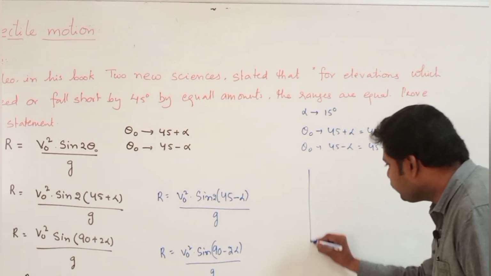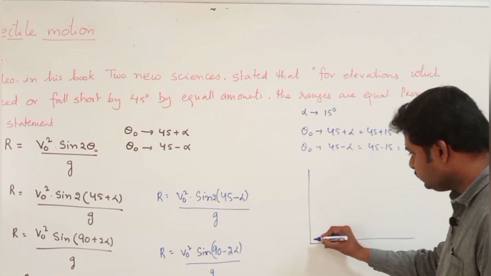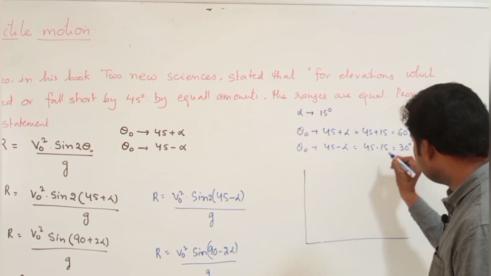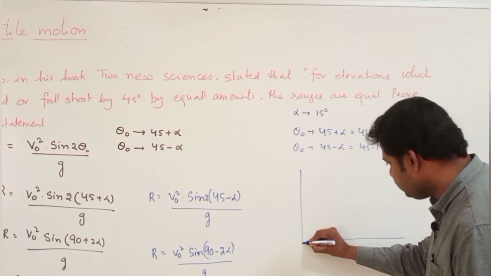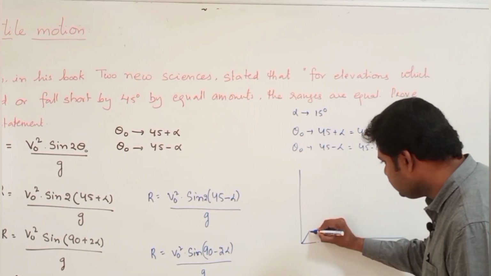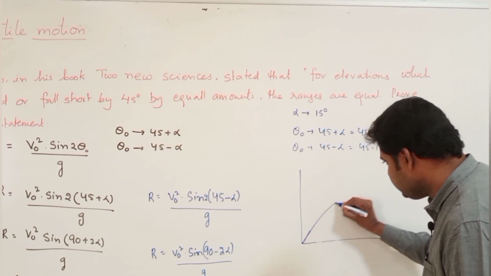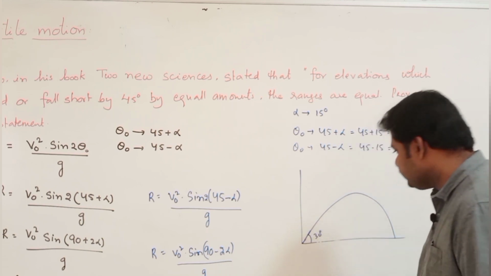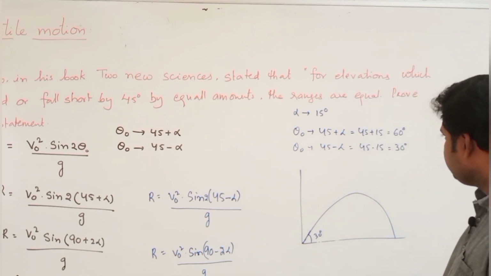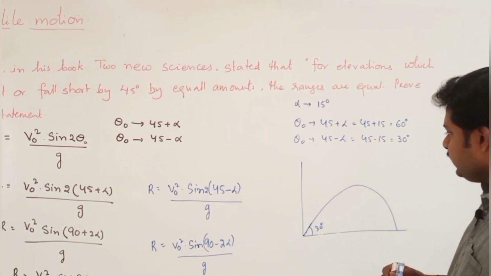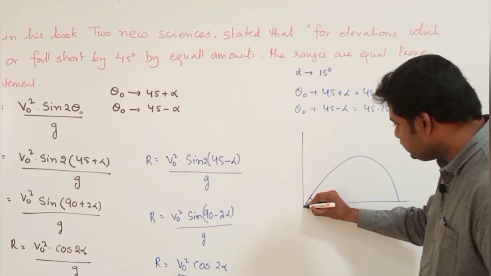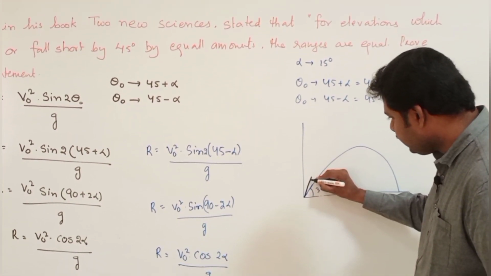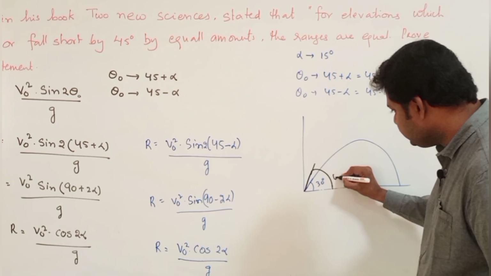How? The projection angle initially with 30 degrees, this is called a projection, and the other one 60 degrees.